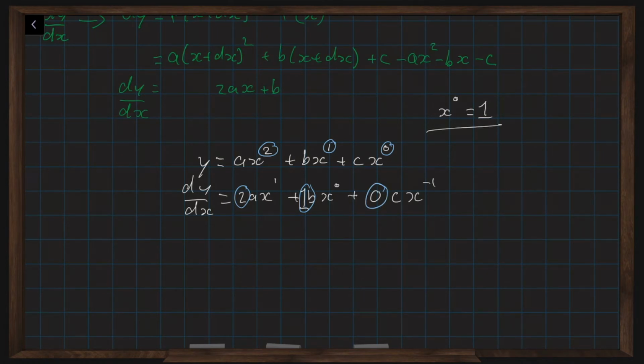When we differentiate a simple polynomial, we take that order and put it in front of the term, and then we reduce the order by 1.